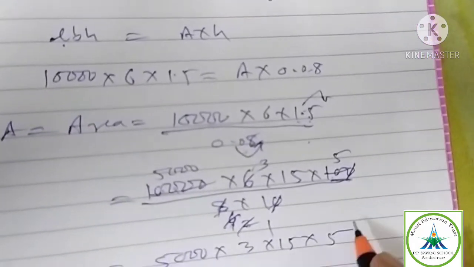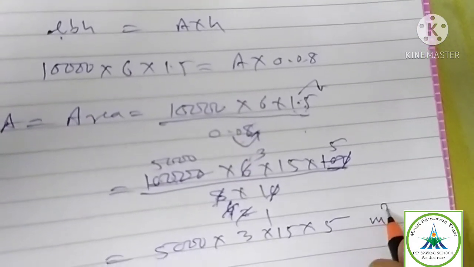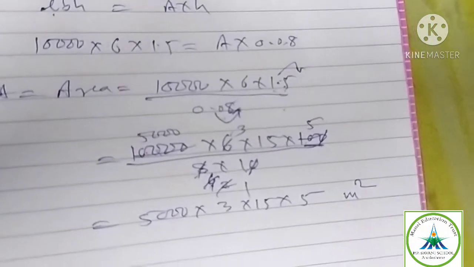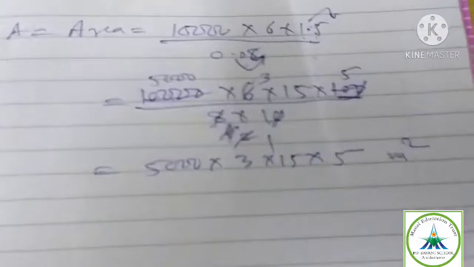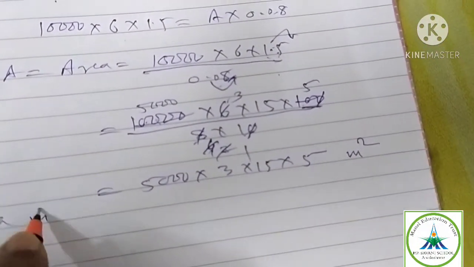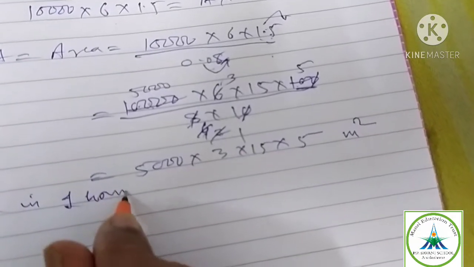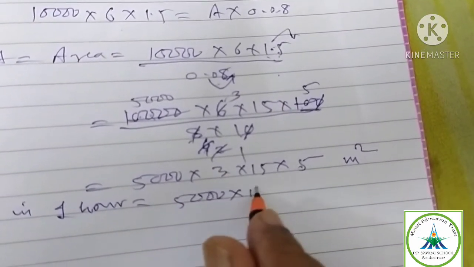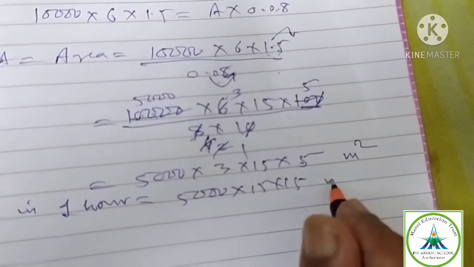Got it? This is in square meter, and this area is in 1 hour. So area in 1 hour equals 5,000 multiplied by 3 multiplied by 5, which is 15, multiplied by 15 square meter.